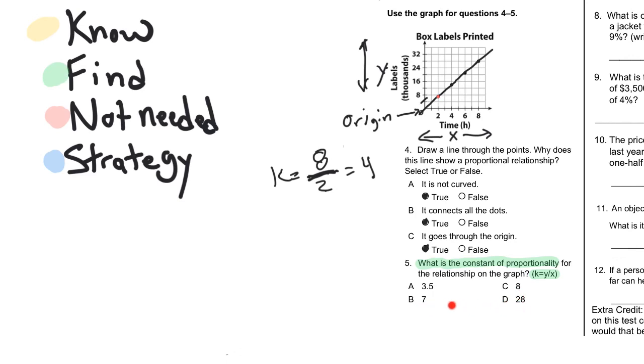So it looks like 3.5 is definitely our best option here. Again, things aren't always going to be super clear, but when you have a multiple choice, you can narrow things out. Okay, so I can cross all of these out because that leaves only one that's close to 4. So there it is. All right, go ahead and write down anything you need to. Pause the video if you need to, and then we'll move on.